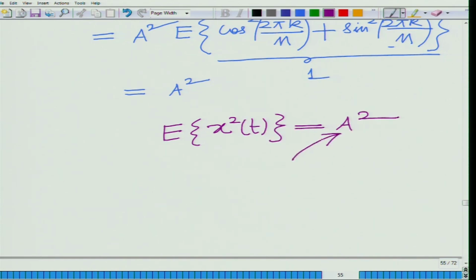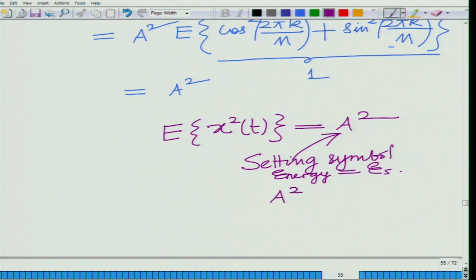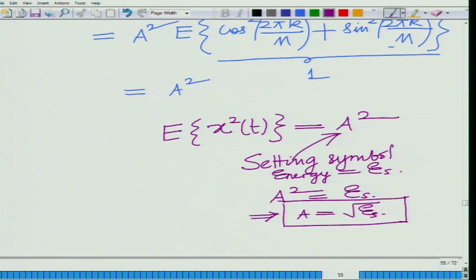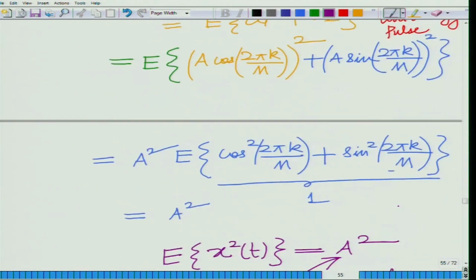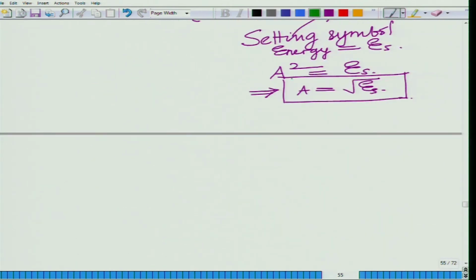Setting the symbol energy equal to E_s, we have A square equal to E_s, which implies A is equal to square root of E_s. So the radius of the circle of the constellation, the constellation is a circle, is square root of E_s.